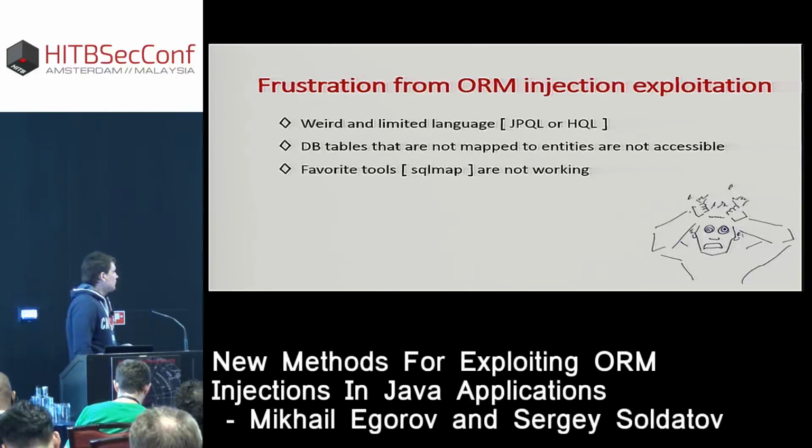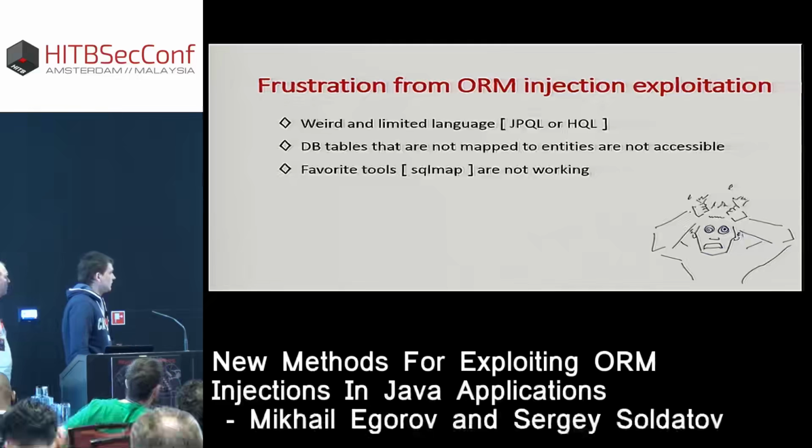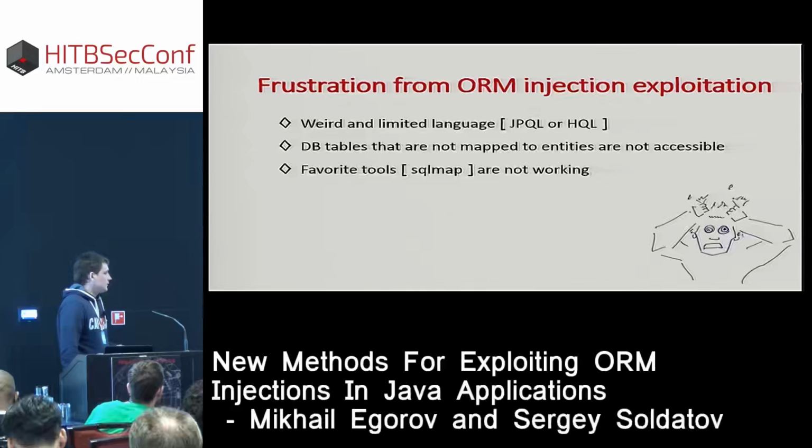JPQL or HQL have weird and limited syntax, so not all SQL statements will work. For example, JPQL does not support unions. Second, from a JPQL query you can't access arbitrary tables.